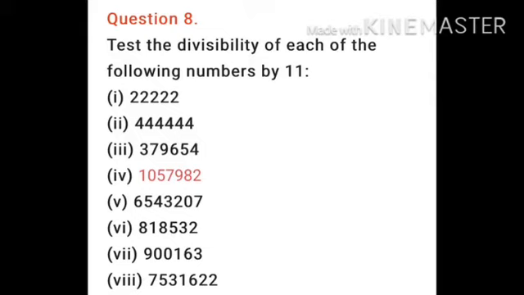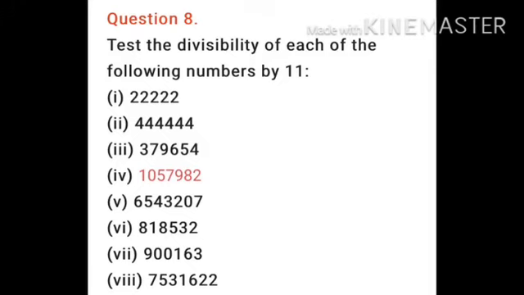Sum of the digits at even places, 3 plus 9 plus 5, which is equal to 17. And the difference of the above sums is 17 minus 17, which is equal to 0. If the difference is 0, then the entire number is divisible by 11. It means 379654 is divisible by 11.